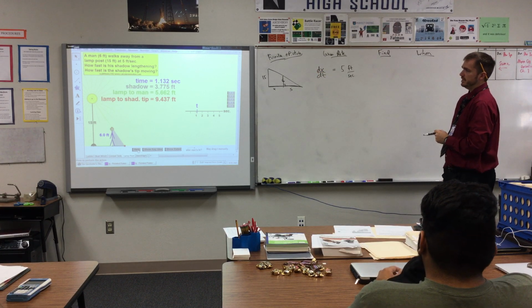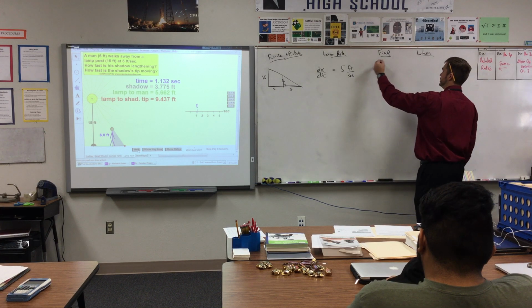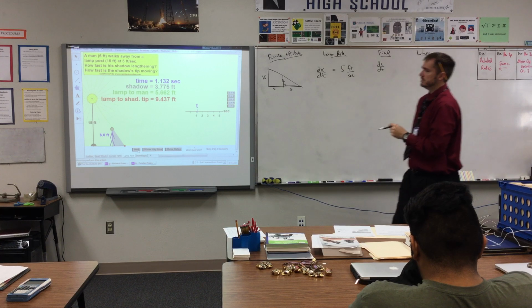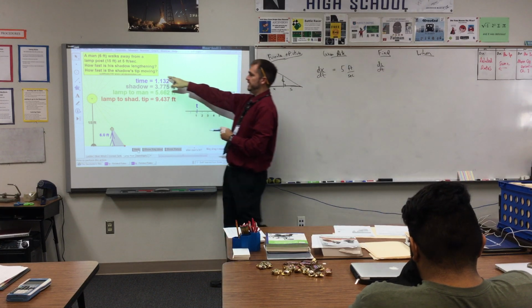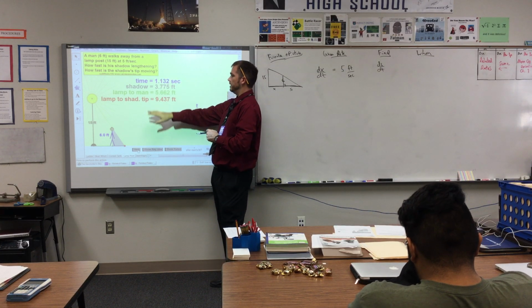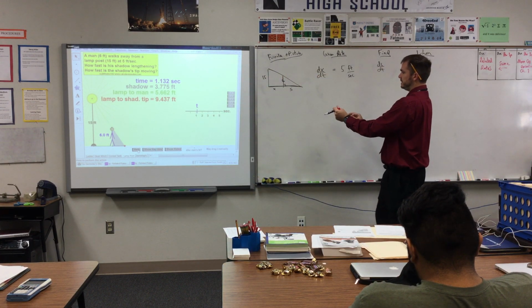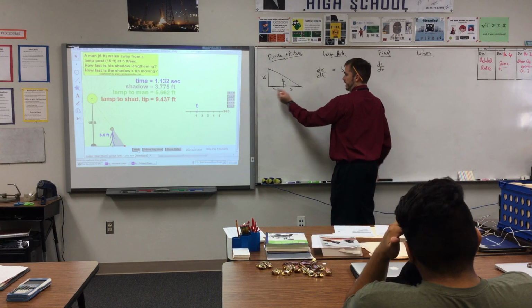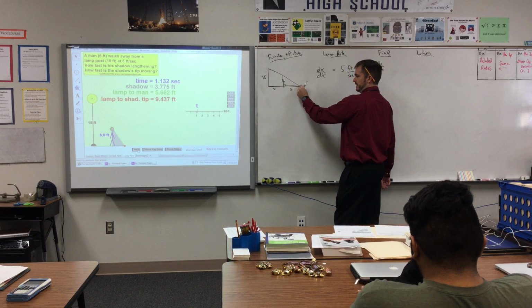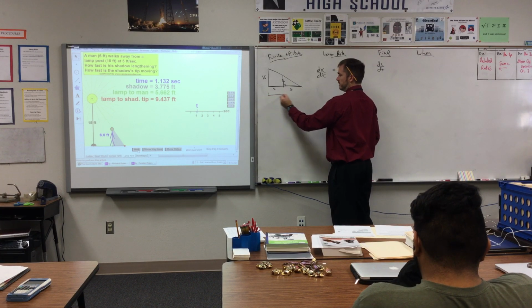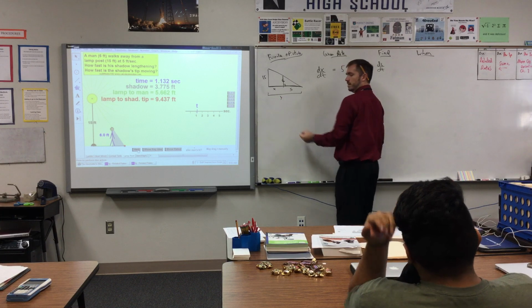What do they want us to find? Yeah, ds over dt. And then this question, how fast is the shadow's tip moving? If this is the tip, we'll call this whole thing y.